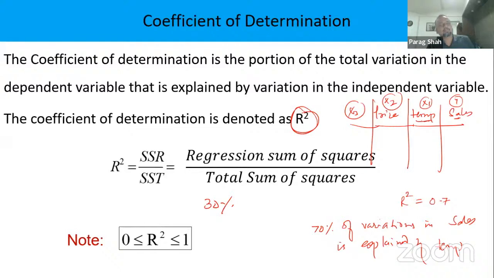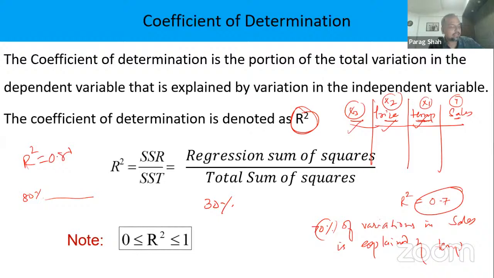If I am including more variables, then it may happen that my R square goes from 0.7 to 0.8. This means 80% of the sales can be explained by, or in other words depends on, temperature, price, and some other factor, that is the price difference. This is what we can do.